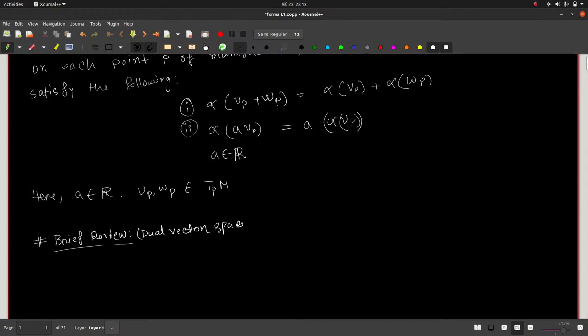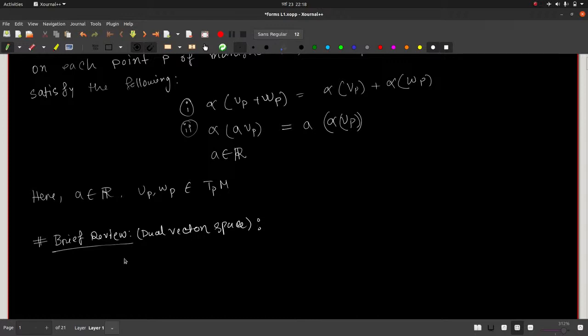A dual vector space is something that also contains vectors, but when you take an element from the dual space and act it on the vectors of the tangent space, you should get a real number. This is how the dual space is defined.